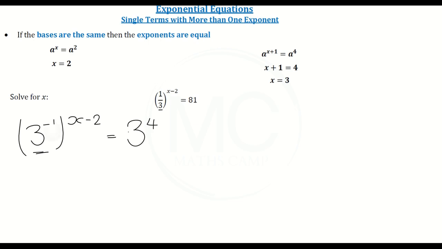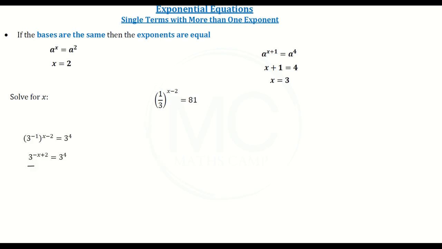Our next step is to multiply out these exponents. So we have a base of 3. Negative 1 multiplied by x is negative x. And negative 1 multiplied by negative 2 gives us positive 2. And on the right, we have a base of 3 and an exponent of 4.